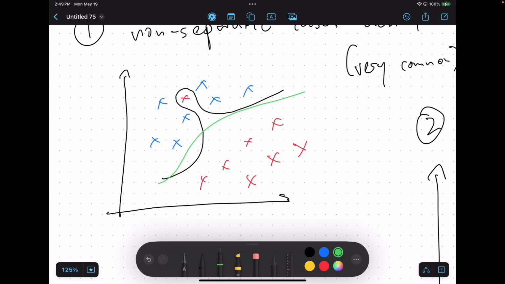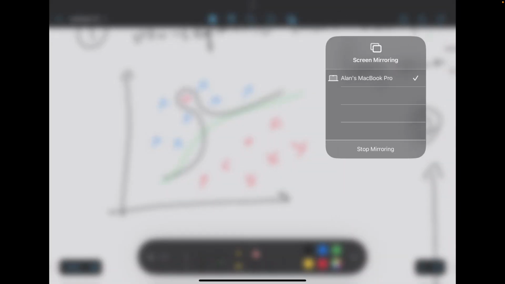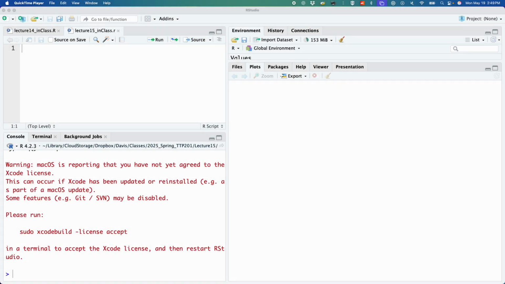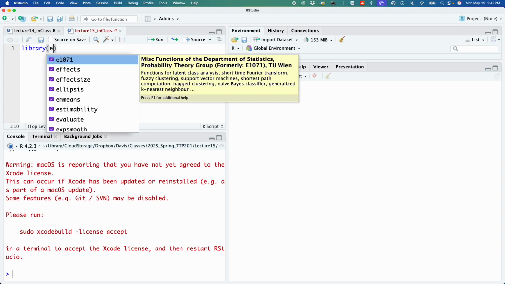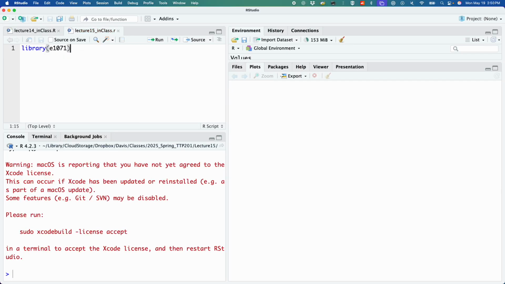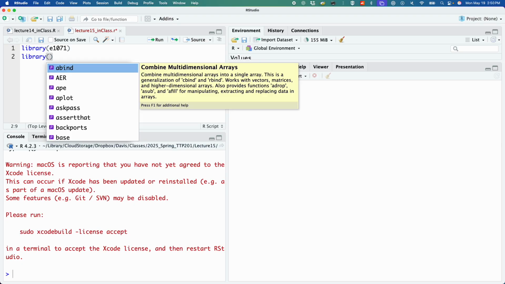So let's take a look at this in R. We'll need a couple of libraries, so e1071.